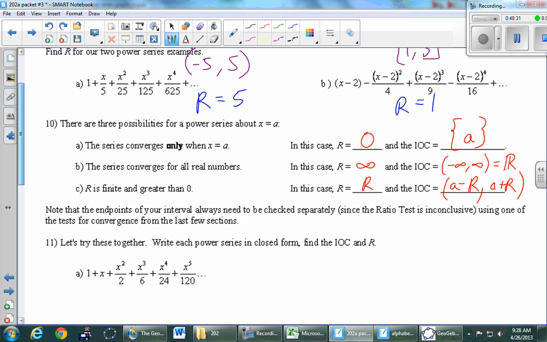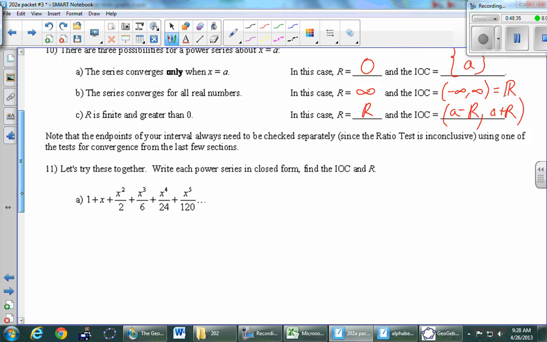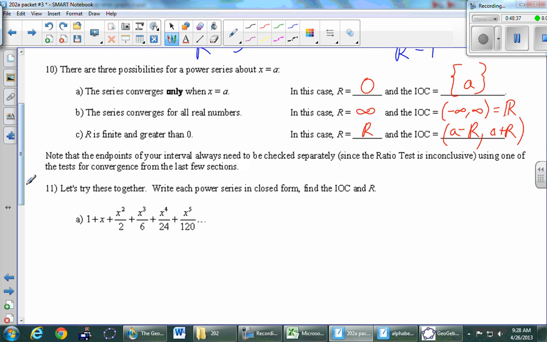Okay, so this isn't laid out as a group thing, and I don't even think I have an answer key for these, but let's see if we can get answers to these. Your job is to do a bunch of things for these series, and this will help you quite a bit on the project. You're going to write each power series in closed form, meaning with a sigma.